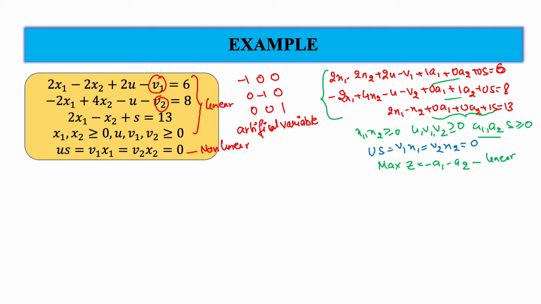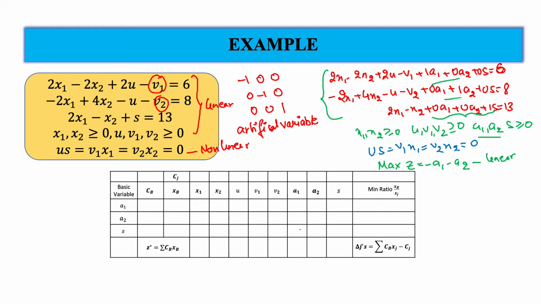Okay, so now how to construct the table? Since these three form an identity matrix in the first table, they will act as my basic variables, and all other variables are 0 at this level. So if you keep all other variables 0, the a1 value is 6, the a2 value is 8, and the s value is 30 from these three equations.